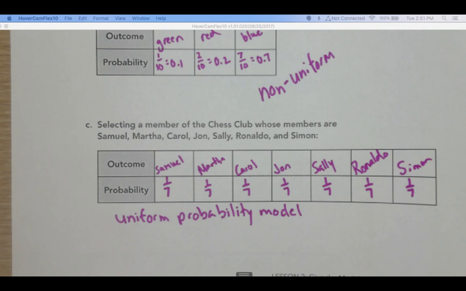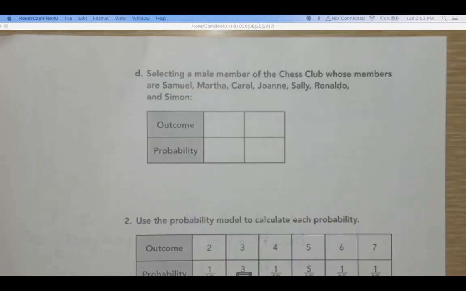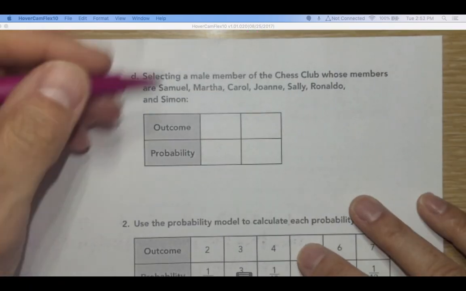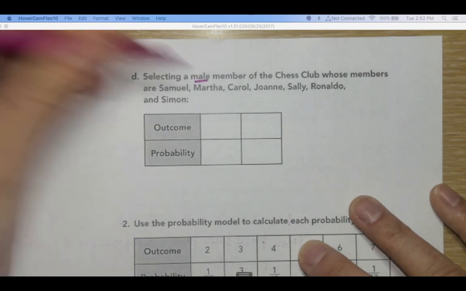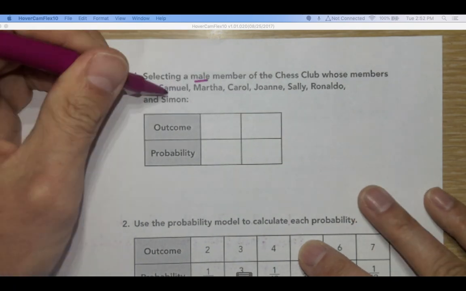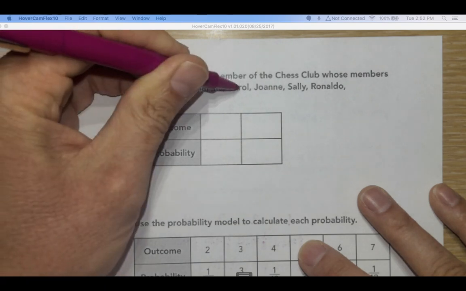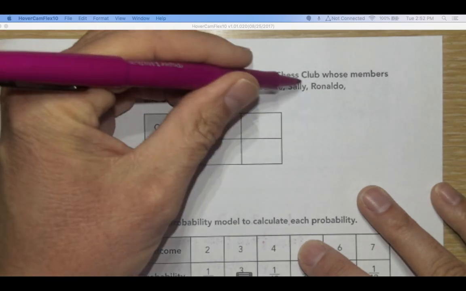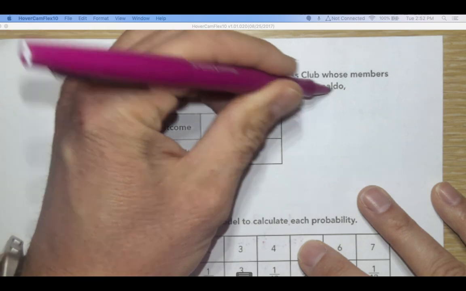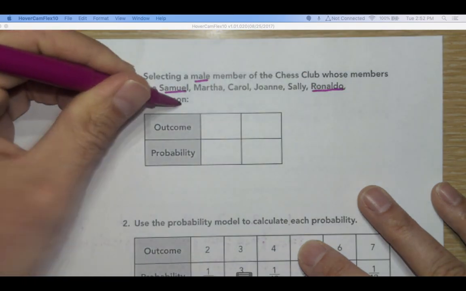1/7 I could write as a decimal, but it is a repeating decimal. I know the sevenths have 7 digits, I believe, and then it repeats. D, selecting a male member of the chess club whose members are Samuel, Martha, Carol, Joanne, Sally, Ronaldo, and Simon.